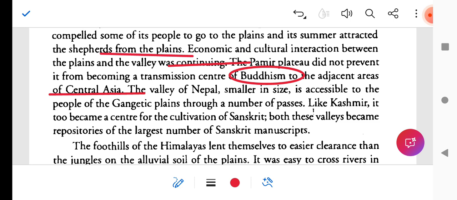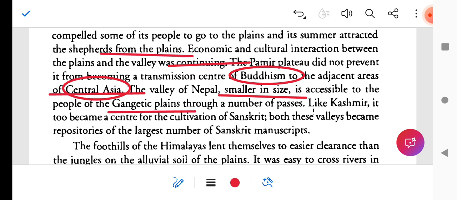And this Uttarpath met with the Silk Road, which originated from China. So Buddhism went from India to Central Asia through the Uttarpath, and it was connected through the Silk Road.